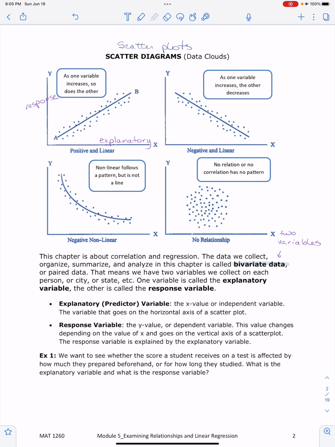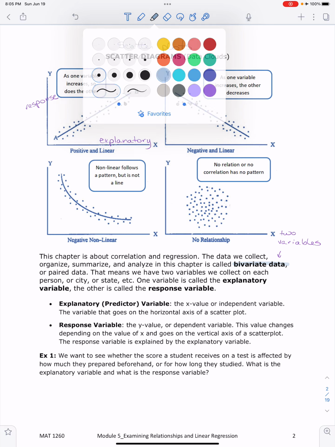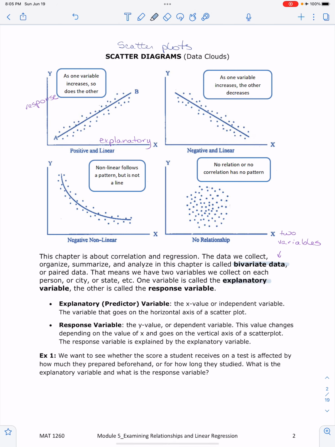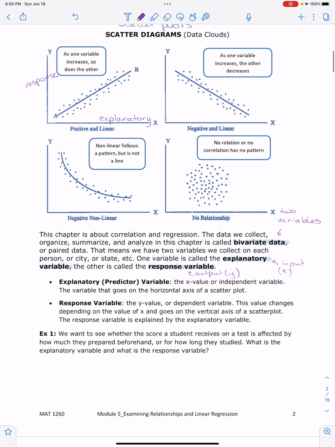Our input, let's make this a little bigger, is our explanatory variable that always goes on our x-axis. And then we have our response variable. That's our output. It goes on the y.